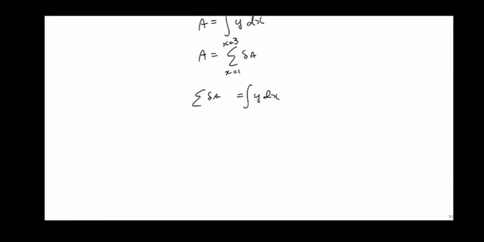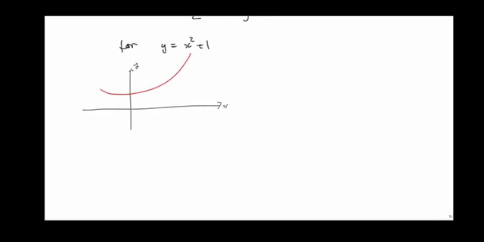Now, for y equals x squared plus 1, if we integrate y dx, we get the integral of x squared plus 1 dx, and integrating x squared becomes x cubed over 3, and 1 becomes x, and then we add the arbitrary constant c.